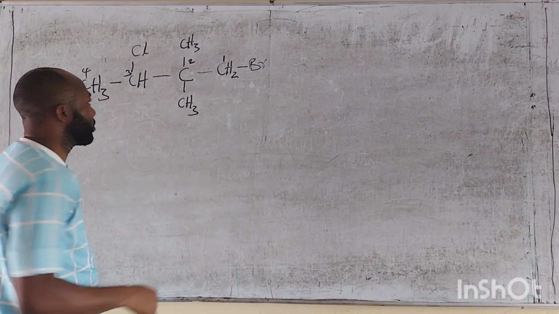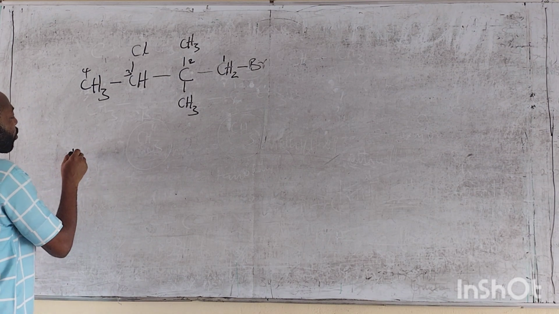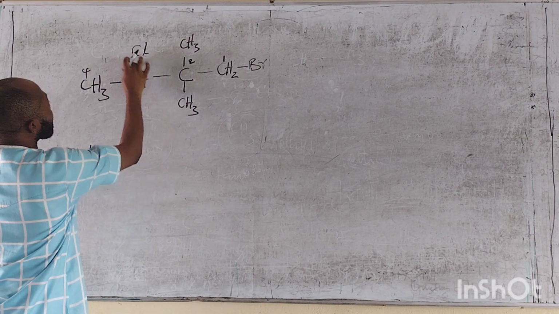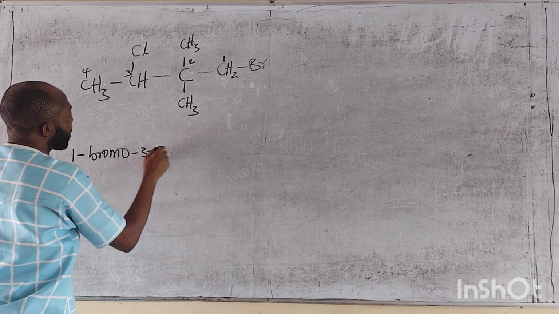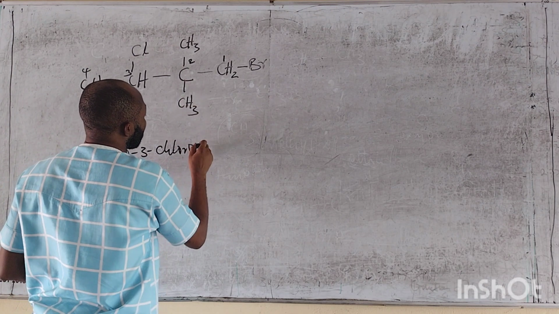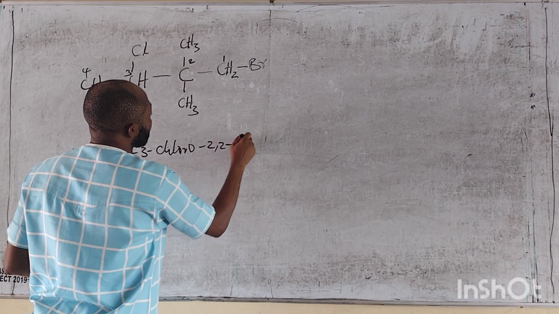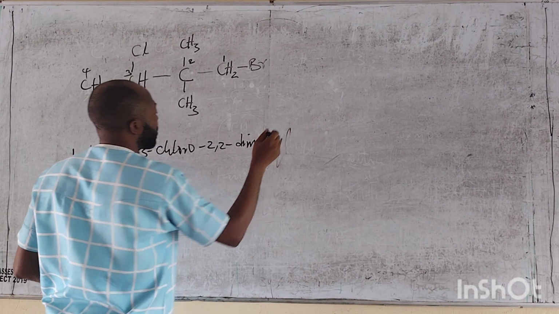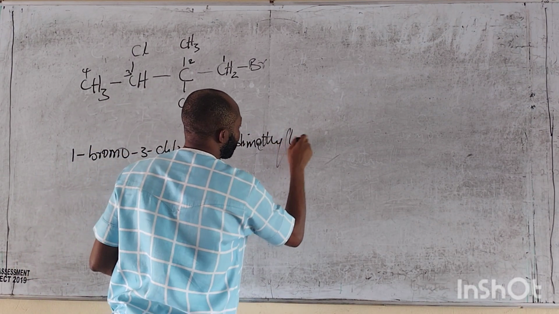So by that we are good. So now we have 1 bromo, 3 chloro, 2, 2 dimethyl butane.